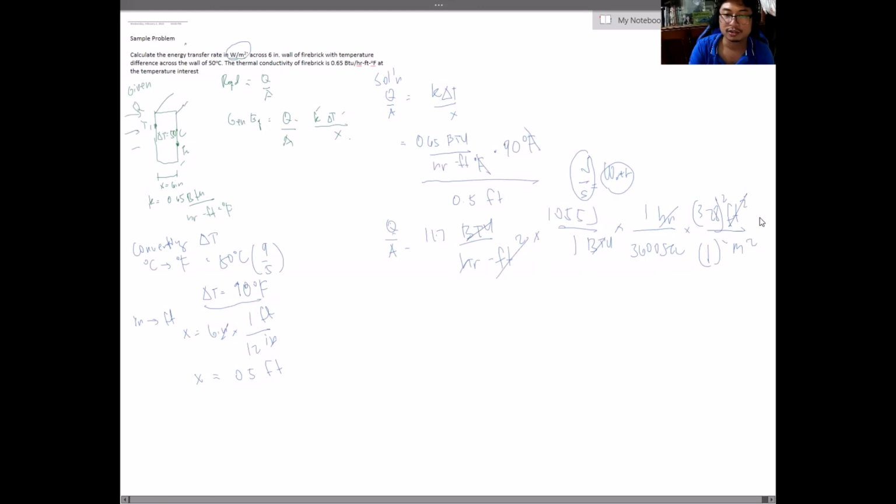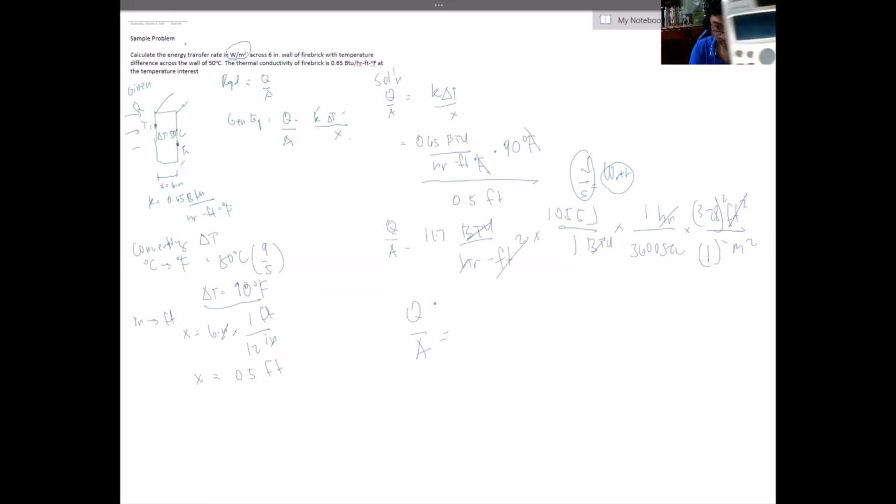Okay. So by simplifying this, by using the calculator, double check natin kay Calcu, 117 times 1055 over 3600 times 3.28 squared, no? Ito pa. So, answer is, ano nakikita nyo?